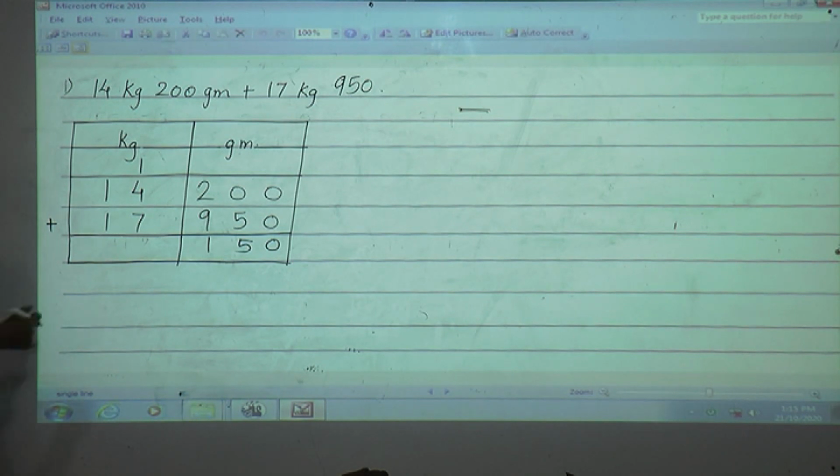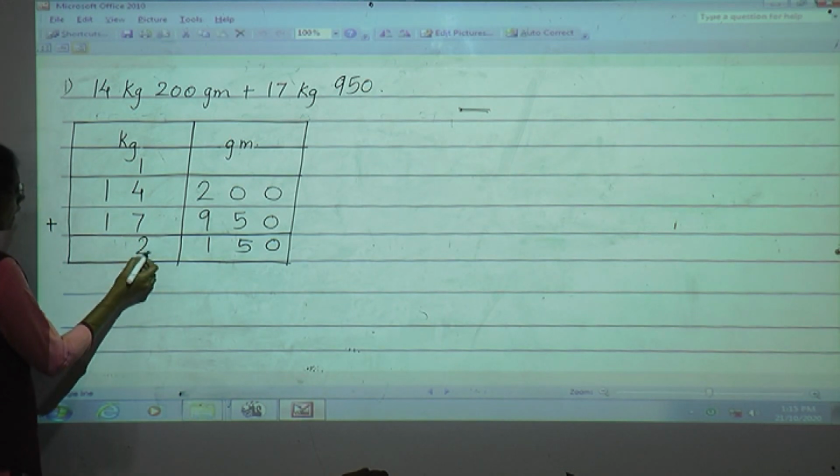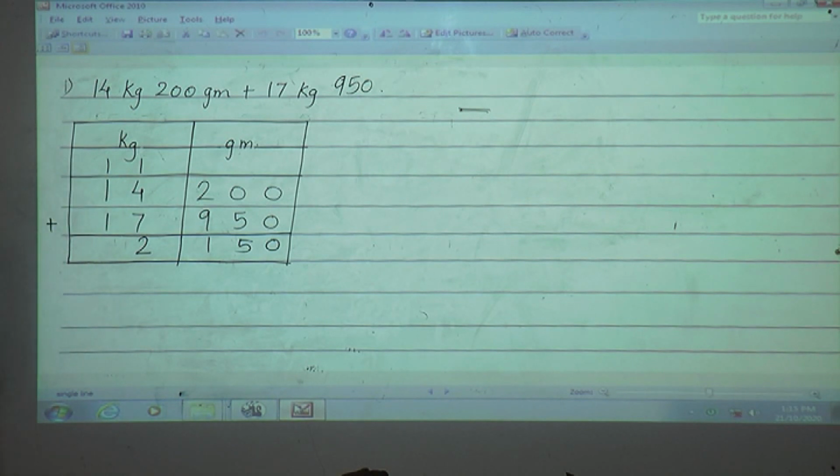Okay, now you have to add these three digits. Now we'll add kilograms. 1 plus 4 plus 7. So 1 plus 4, 5 and 5 plus 7, 12. So we'll write here 2 and 1 carry. Then 1 plus 1 plus 1, 3.